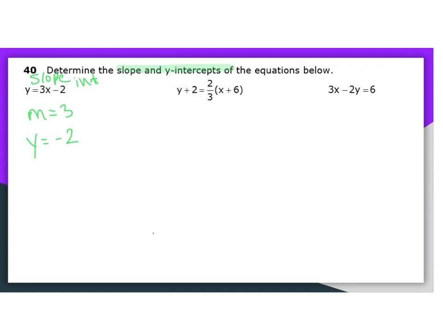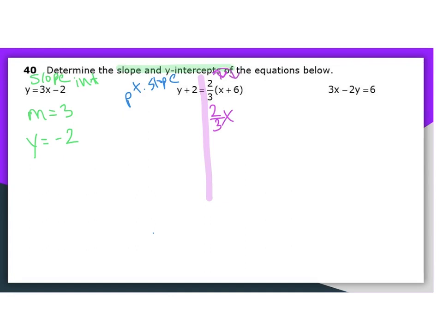The second equation, y plus 2 equals 2/3 times the sum of x and 6. This is our point-slope form. So we know our slope, but we don't know the y-intercept. We're going to need to distribute first and then move the 2. So first step, 2/3 times x, which is going to be 2/3 x.